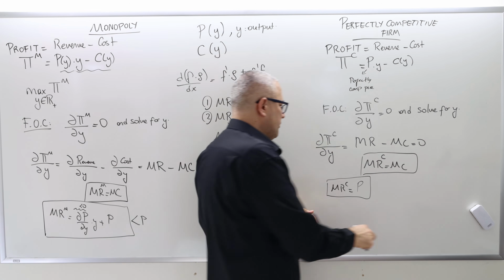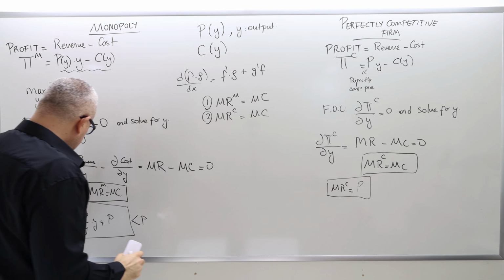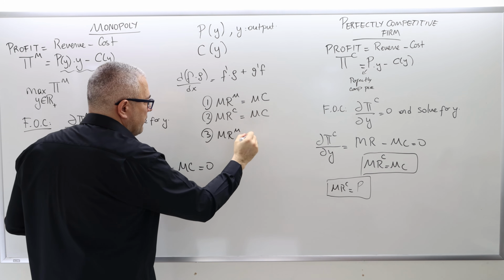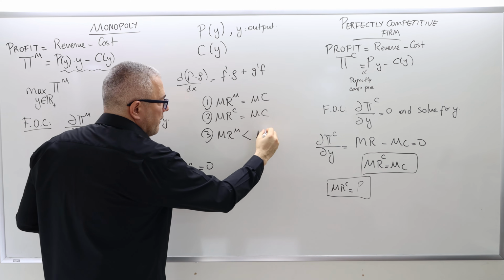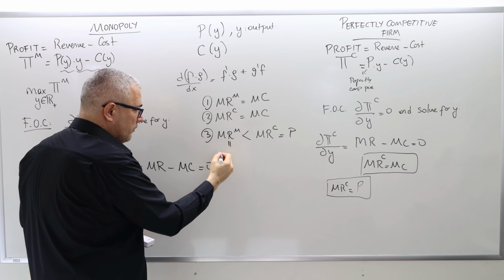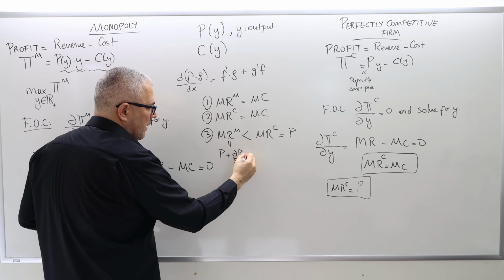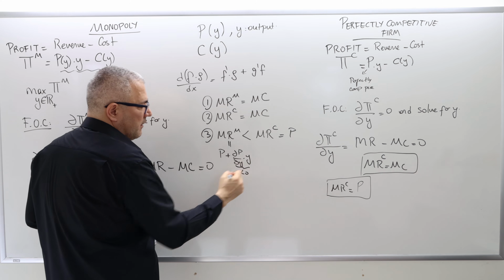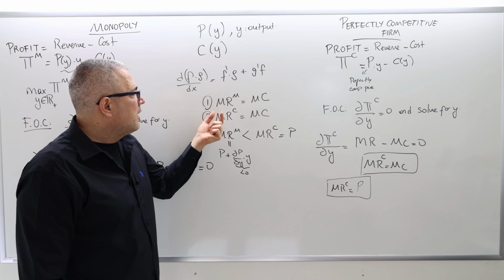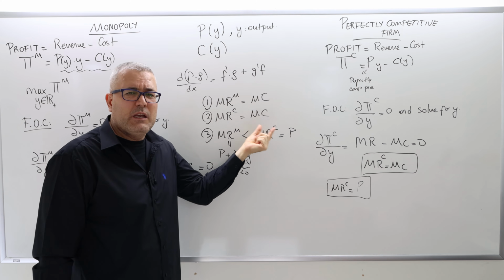In fact, we just have shown that the marginal revenue of the monopolist is less than the marginal revenue of the competitive firm, because that is equal to P, and this is equal to P plus del P del Y times Y, which is negative. So this term is less than P. You may conclude MRM equals MRC because they both equal MC.